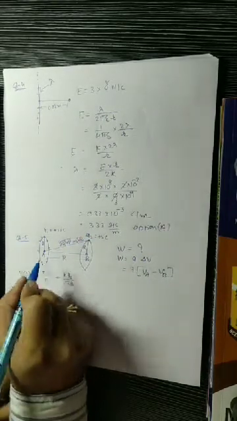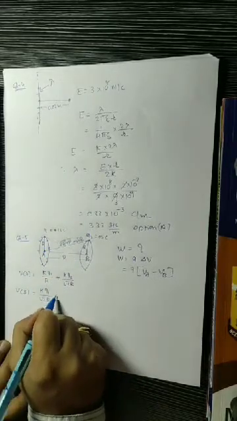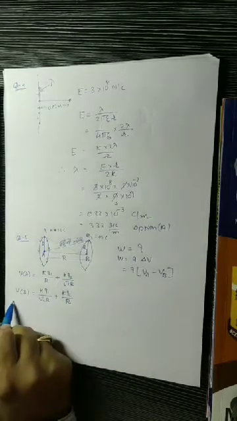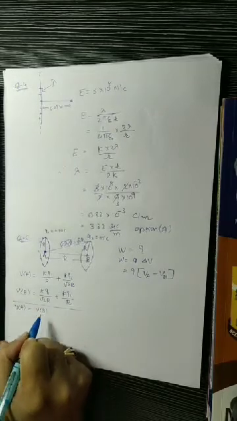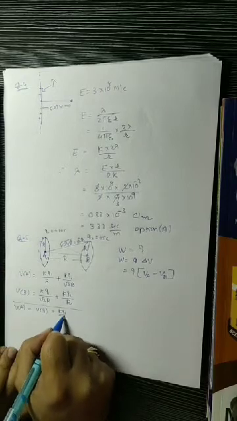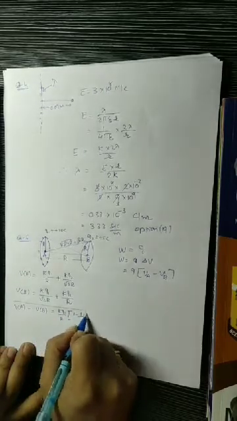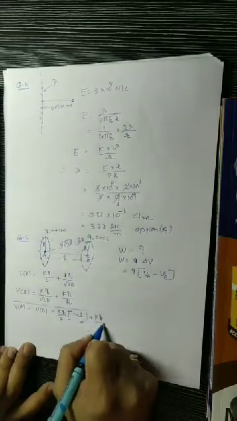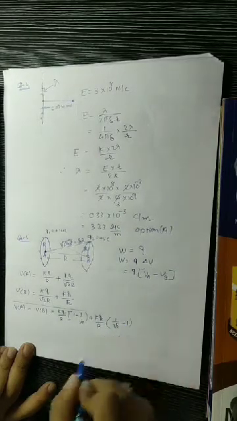Similarly, if we write VB, then it is K Q1 upon, now this distance will become root 2R, and plus K Q2 upon R. So we'll take the difference of these two, VA minus VB, which is the subtraction of these two: K Q1 upon R common, 1 minus 1 upon root 2 in the first case, plus here K Q2 upon R common, 1 upon root 2 minus 1.